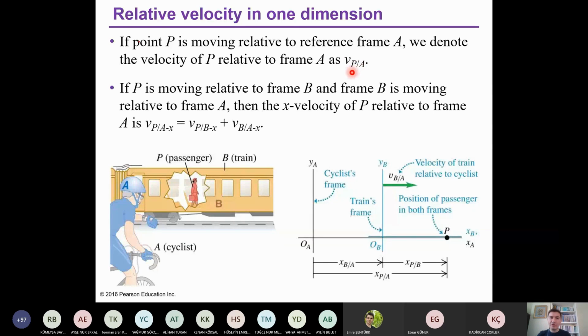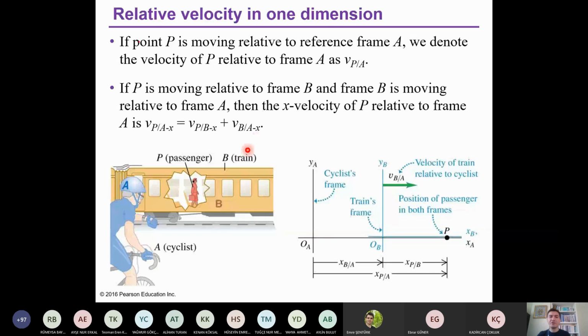If P is moving relative to frame B, the train, and frame B is moving relative to frame A, the cyclist, then the x velocity of P relative to frame A, the velocity of passenger relative to cyclist, is equal to velocity of passenger relative to the train plus velocity of train relative to the cyclist.